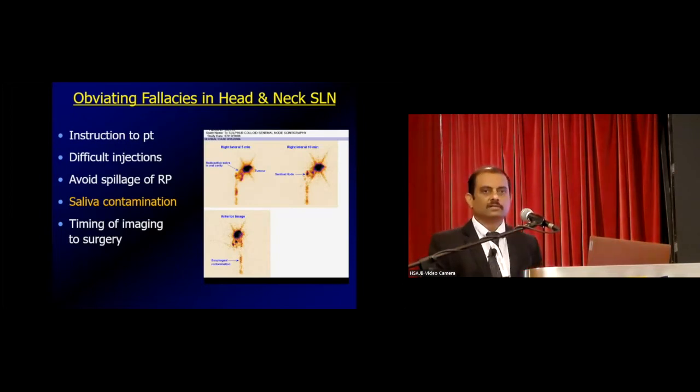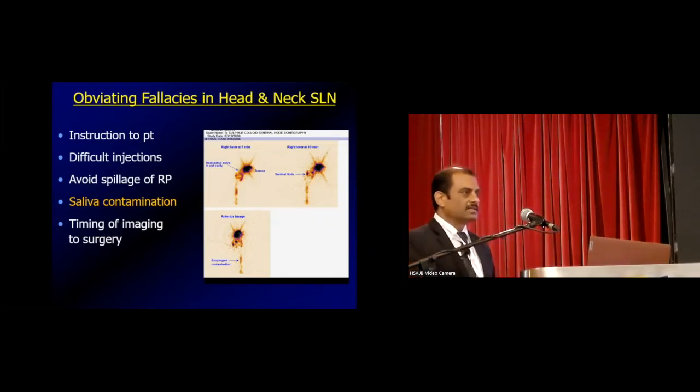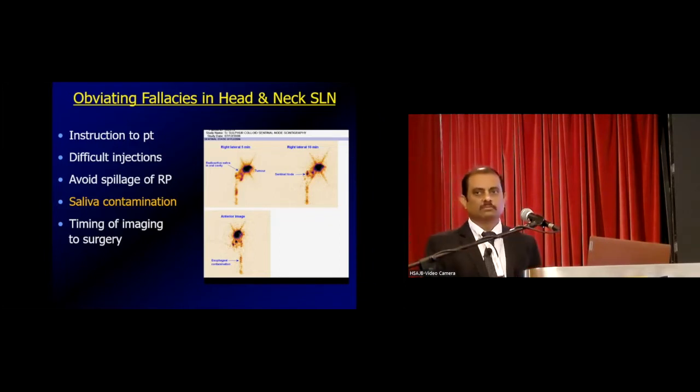Not only that, it is really a challenge to do a sentinel imaging in head and neck, because patient cooperation should be maximum, because there are 2 problems. One is, it is really difficult to inject these friable small tumors, number 1. Number 2 is saliva contamination.